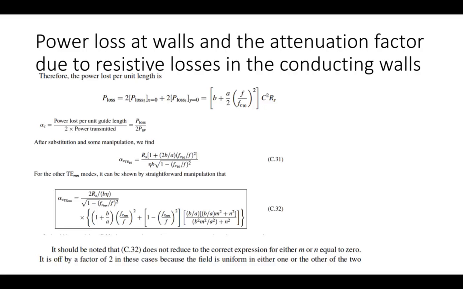And we can make some substitutions in order to find, this is for the 1-0 mode, but if we wanted to find for the general MN mode, we'd make some substitutions and we get this expression here, equation C32. So that's how to get the attenuation factor due to resistive losses in the walls.